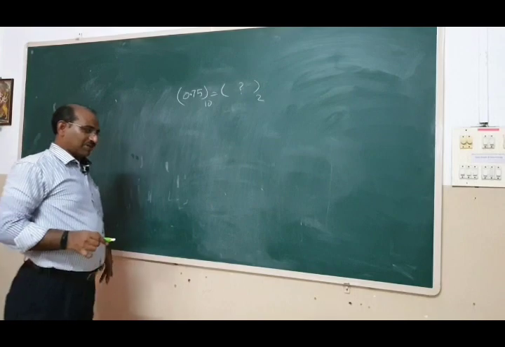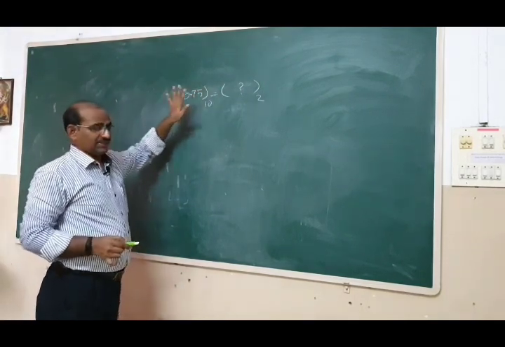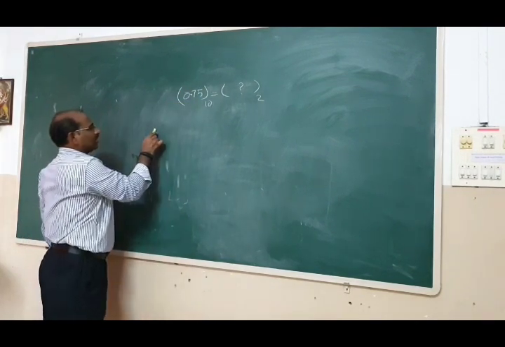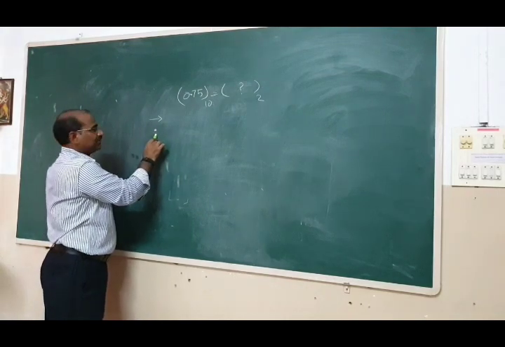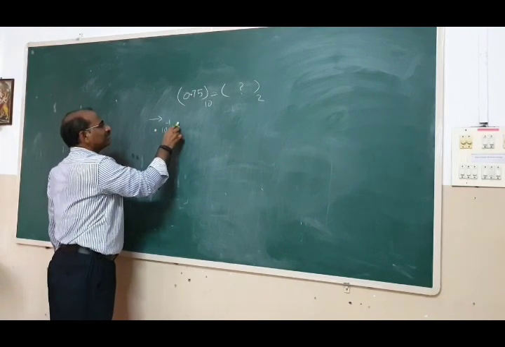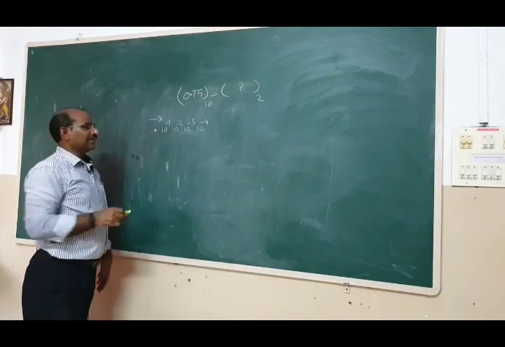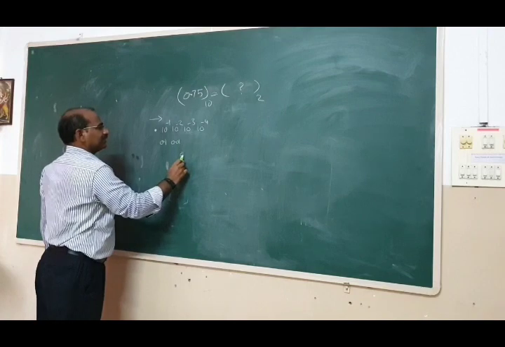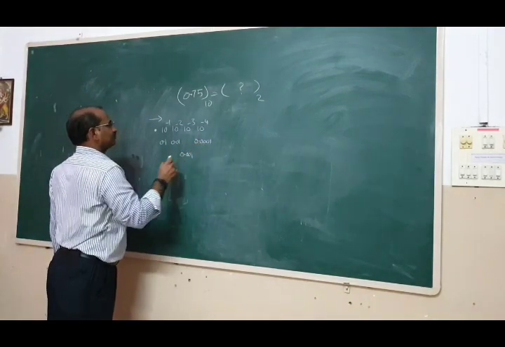Again a small recap, how to write the place values here. After this fraction point we write 10 power minus 1, 10 power minus 2, 10 power minus 3, right? 10 power minus 1 means 0.1, 0.01, this is 0.001, this is 0.0001.